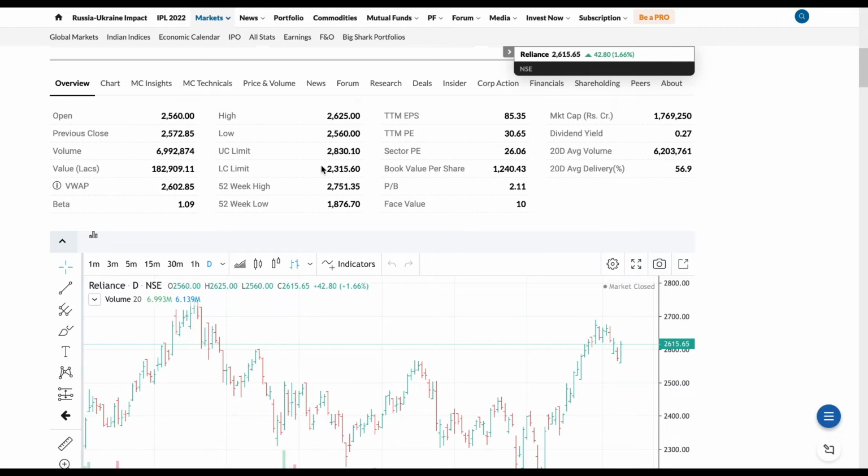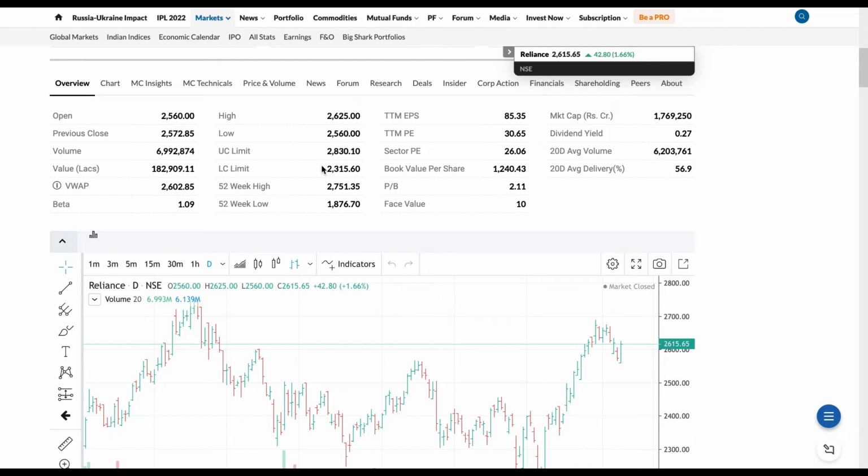A high PE value indicates the company is overvalued, while a low PE indicates that the company is undervalued, and a good TTM PE ratio is about 18. Here you can see that the TTM PE ratio of Reliance Industries is 30, which is 12 points above the average TTM PE, which shows that it is overvalued.